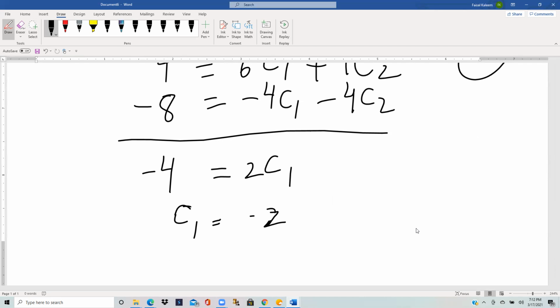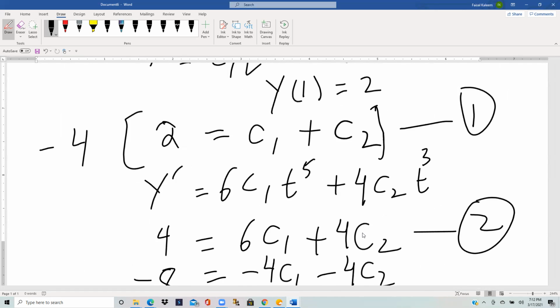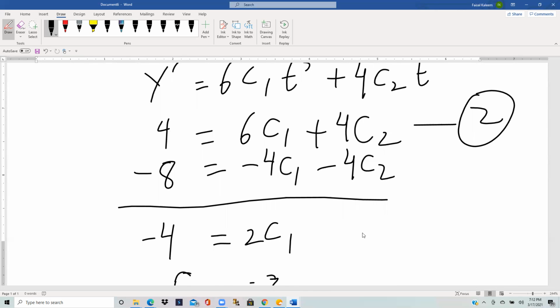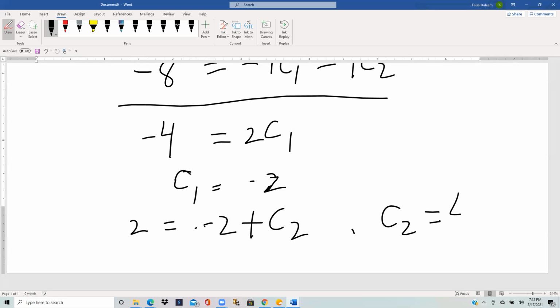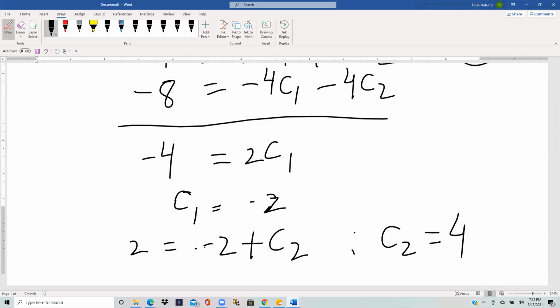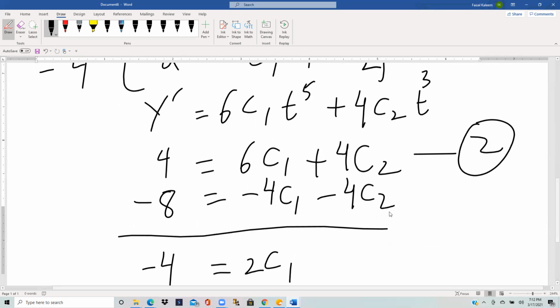c1 equals −2. You can substitute it in the first one. 2 is equal to c1 plus c2, so 2 is equal to −2 plus c2, and from here we get c2 is equal to 4. So we have c1 and c2: c1 is −2, c2 is 4.